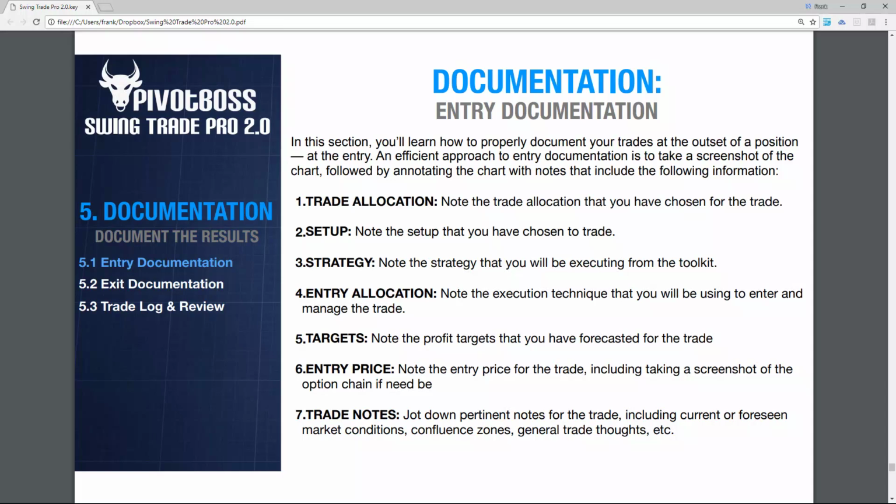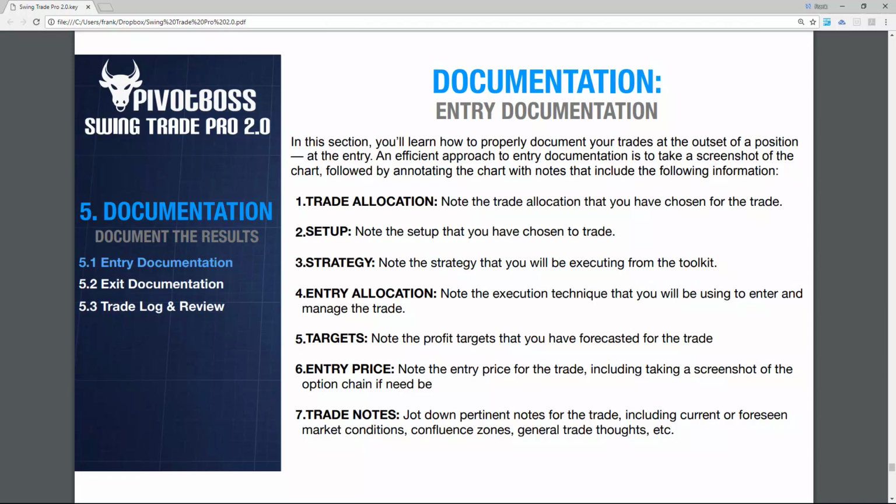Targets, note the profit targets that you have forecasted for the trade. Again, it's good to understand ahead of time where you believe price will likely go, and then you note that down for your reference for later. Entry price, note the entry price for the trade, including taking a screenshot of the option chain if you need be, or whatever other materials you need to capture.